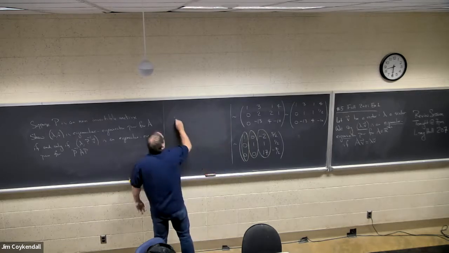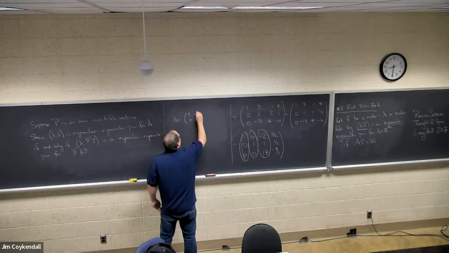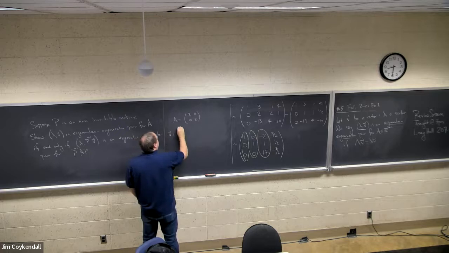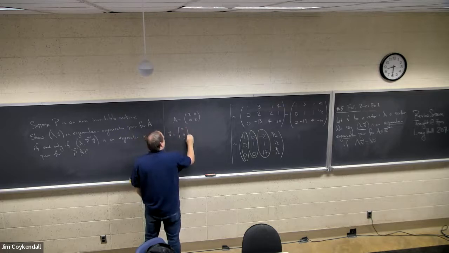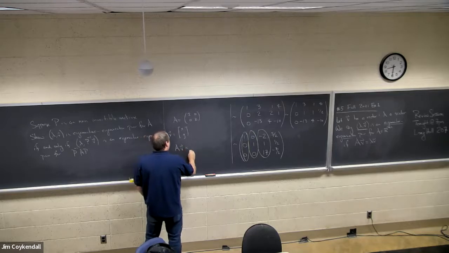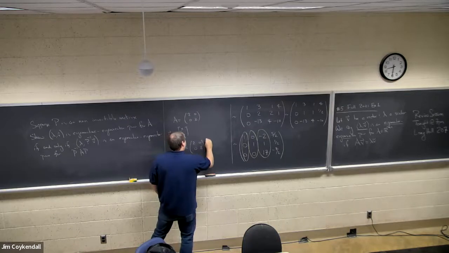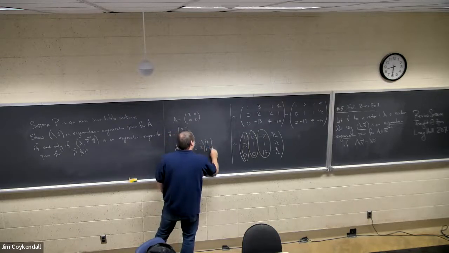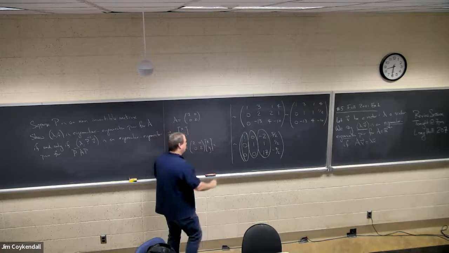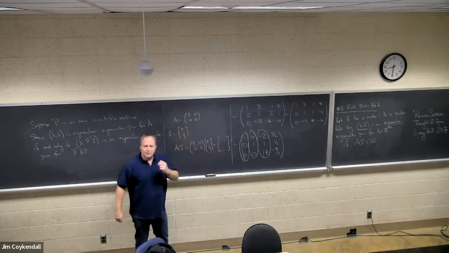Suppose A is this matrix, and let V equal the vector (x, y). What happens when I multiply? What goes in the top?